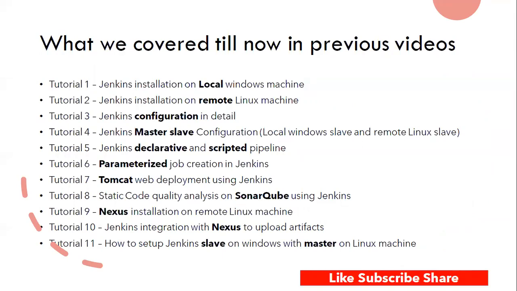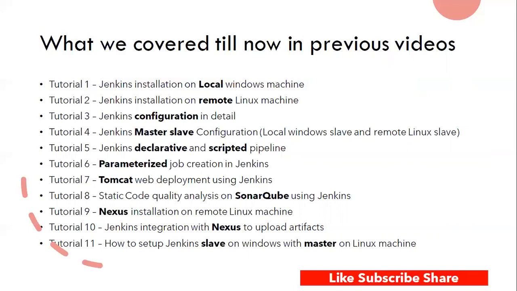On tutorial 3, we have seen Jenkins configuration in details. Tutorial 4, we have seen Jenkins master slave configuration, where we have seen two types of slave configurations. Sorry, one is local Windows slave and second is remote Linux slave.